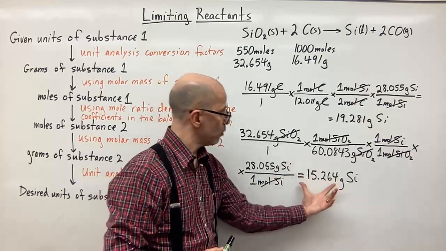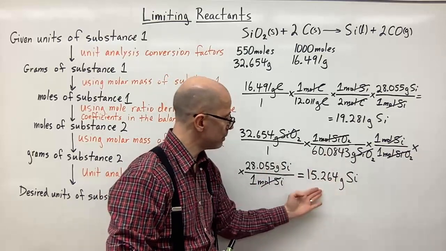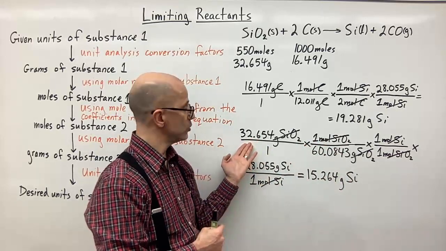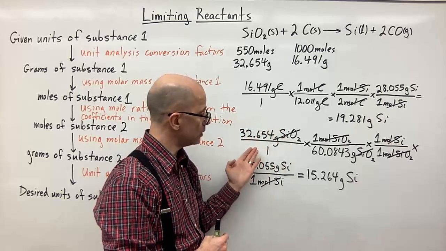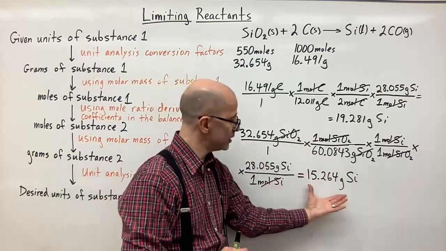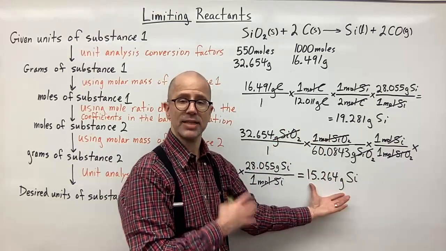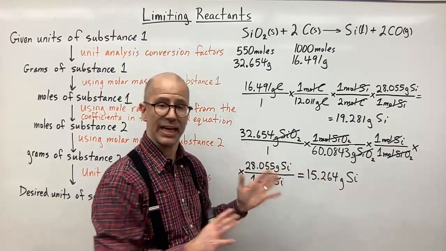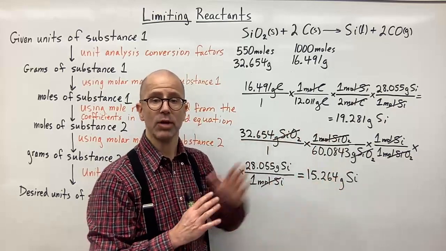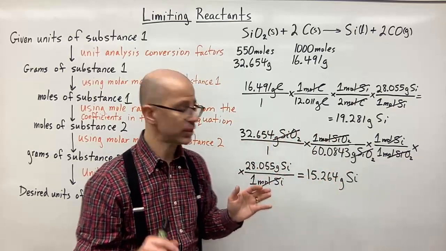So once I produce this amount, I no longer have any more SiO2 left. So all of this is gone. So from this amount of SiO2, this is the maximum amount of Si I can get. I can't get any more. It's like I ran out of peanut butter, right? So once you run out of peanut butter, you can't get any more peanut butter jelly sandwiches.